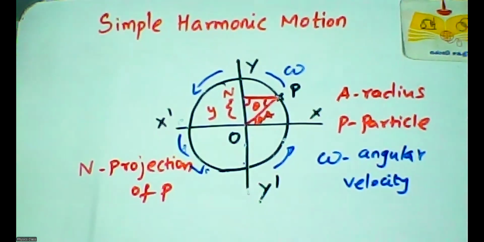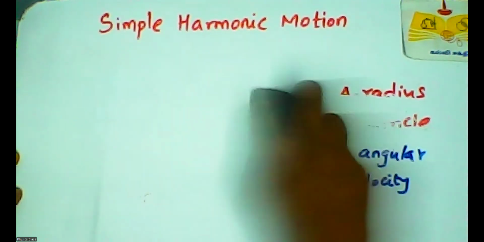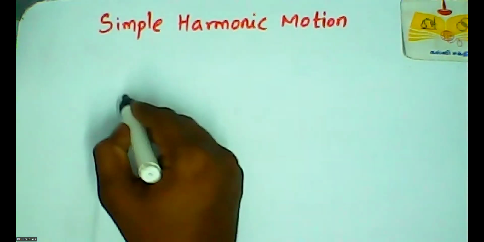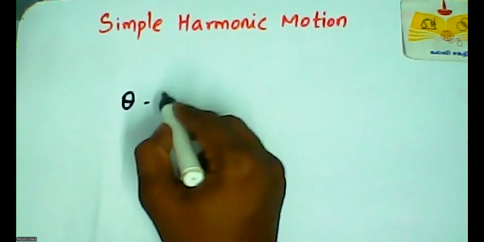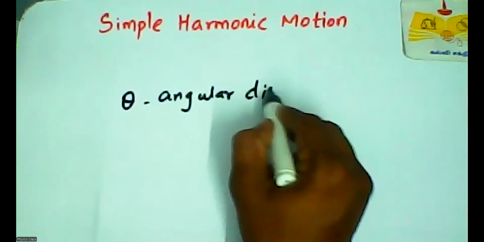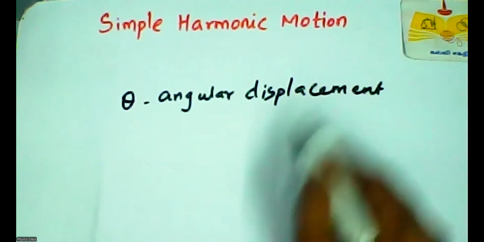Omega, as I told you, is the angular velocity. Then we have to introduce another angular term, that is theta. Theta means angular displacement, which I already wrote on the diagram.